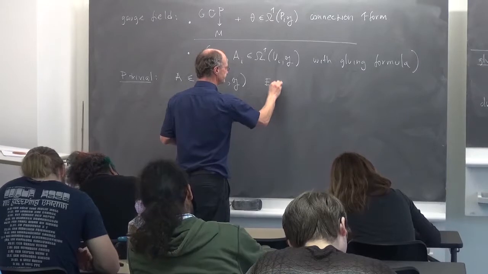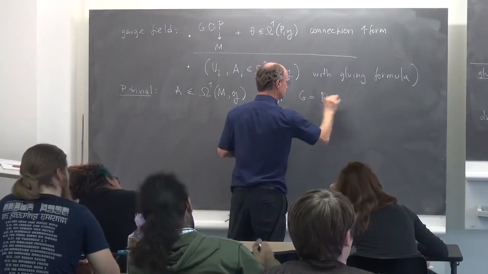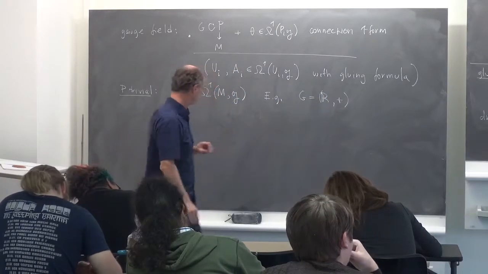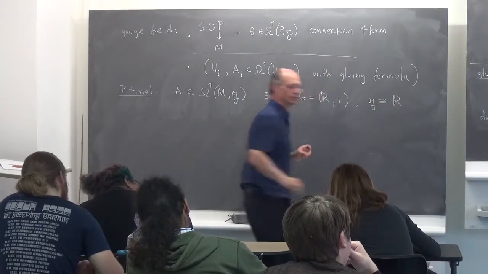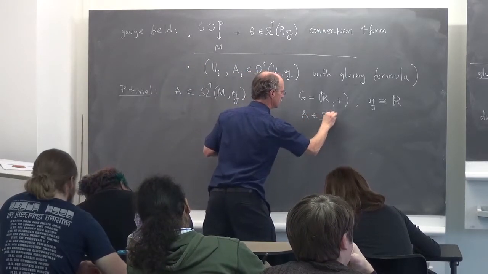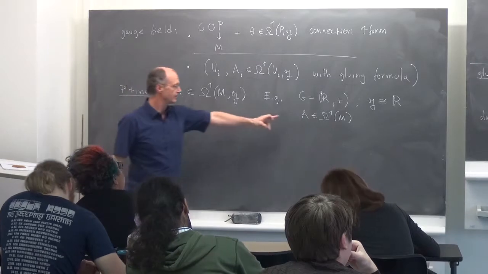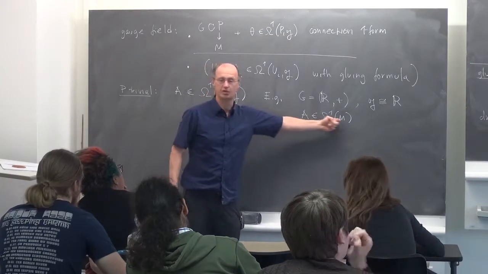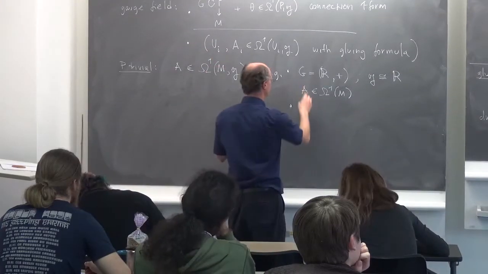In particular, if G is equal to R with plus as a group operation, then we know that g is also simply isomorphic to R, and in this case our gauge fields are simply real-valued forms, one-forms on M. So one more example of the same type.